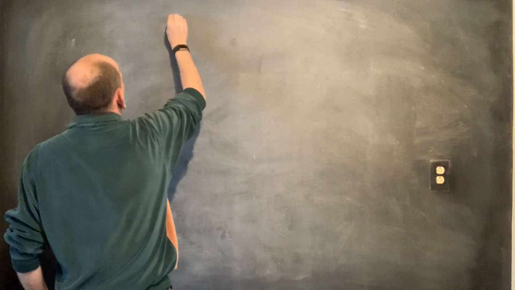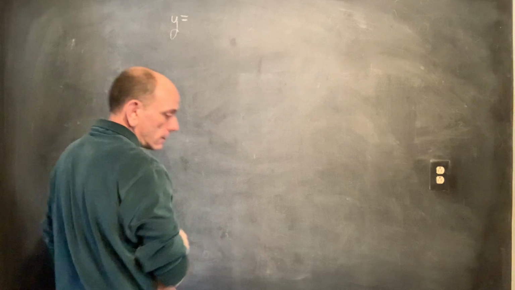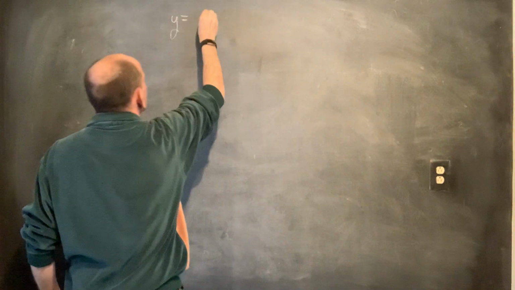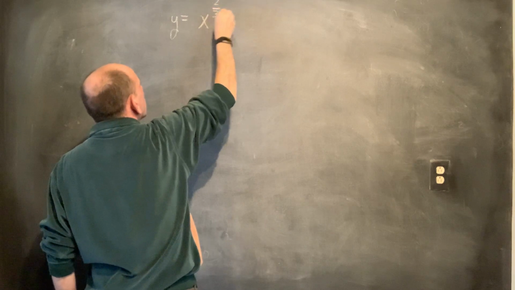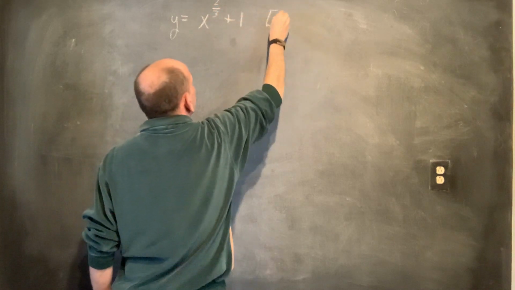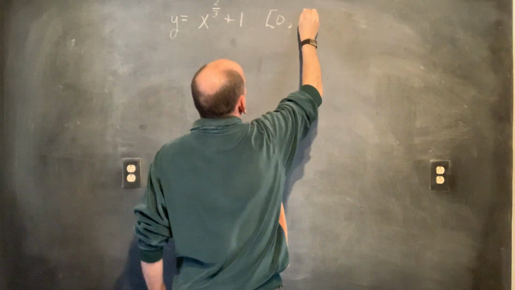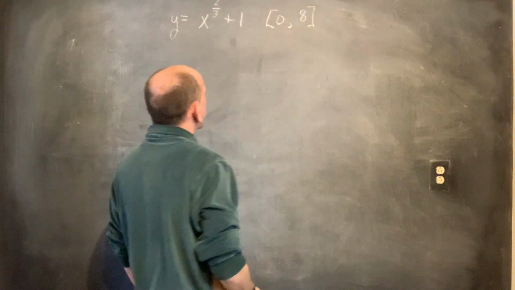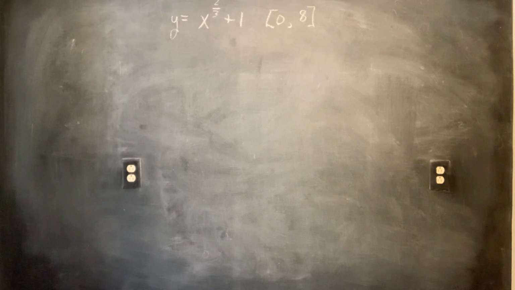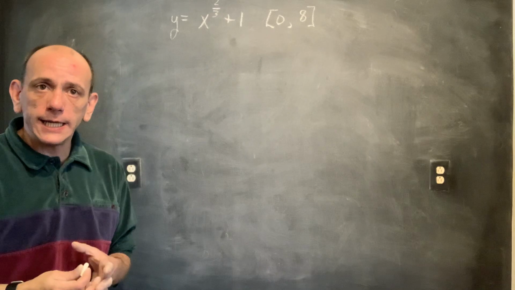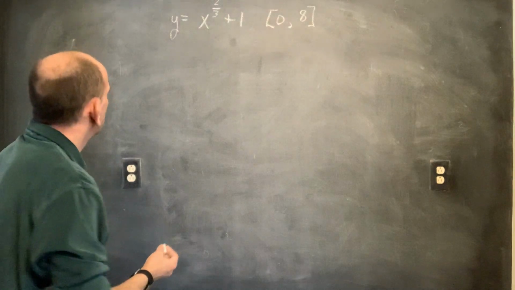How about y is x to the 2/3 plus 1 on the interval from 0 to 8. Well, we know in order to find this arc length, we're going to need the derivative.